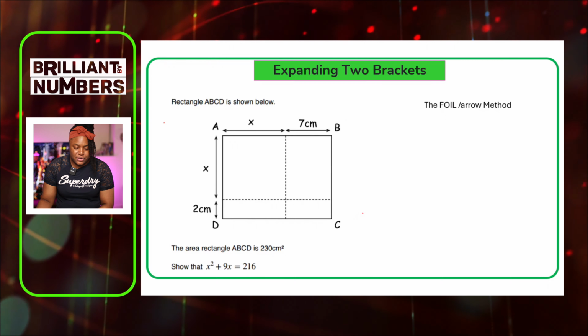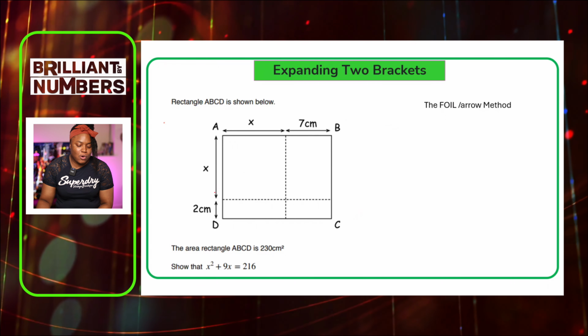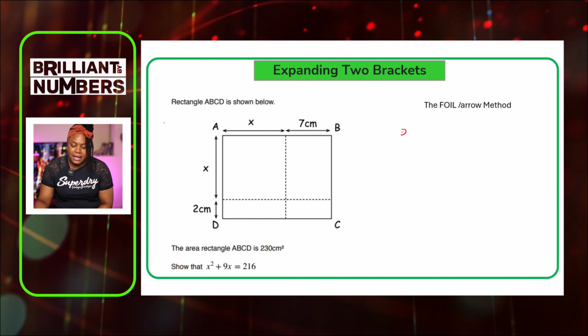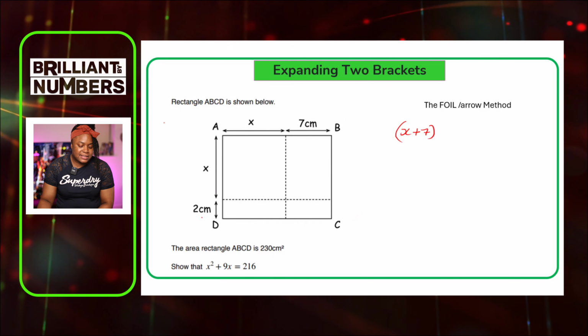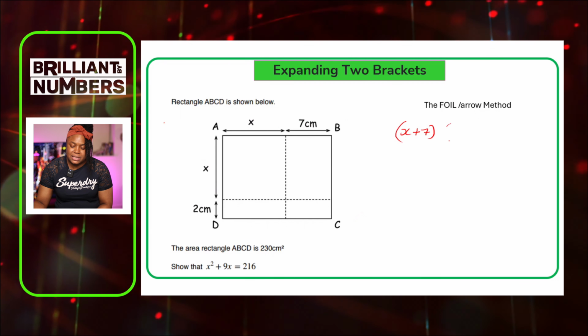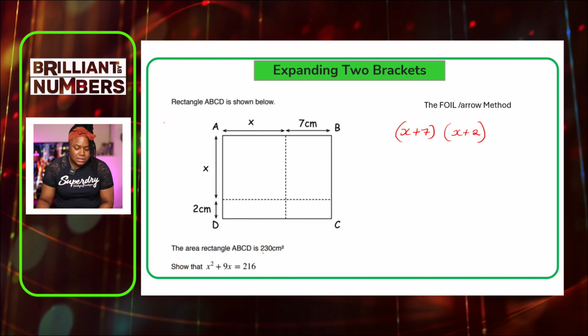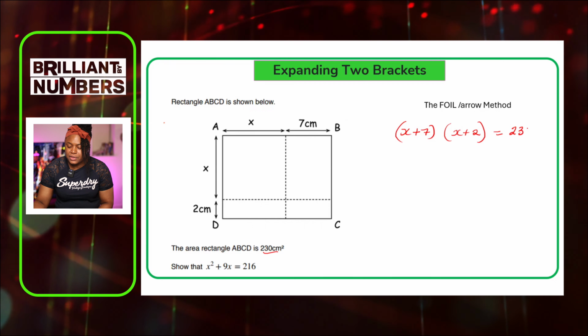So what we need to do is to go ahead and multiply both sides, the length. We've got x and 7 here, that is x plus 7 for that side. We've got x and 2 here, so putting them together, that's x add 2. We know the area is equal to 230, so we're going to make this equal to 230.